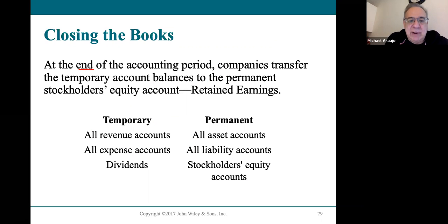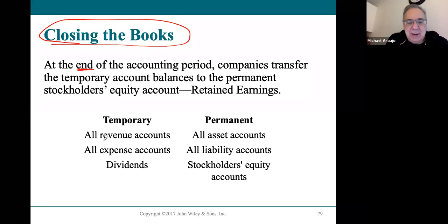So at the very end of the accounting period, we have to go through a process that we call closing the books. And closing the books simply means that our revenue accounts, our expense accounts, and our dividend account need to be zeroed out at the end of the period, because the very next day starts a whole new year.